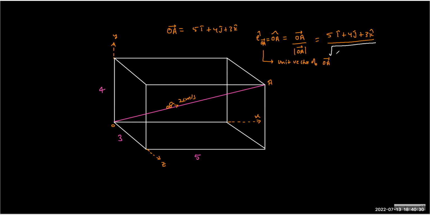So 25 plus 16 plus 9, and definitely it is root 50, which is how much? 5 root 2. So we can write like this. So I got the unit vector. I'm not writing the subscript because it's obvious what I'm dealing with.